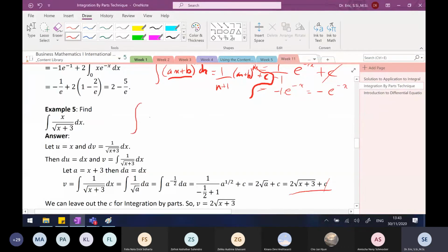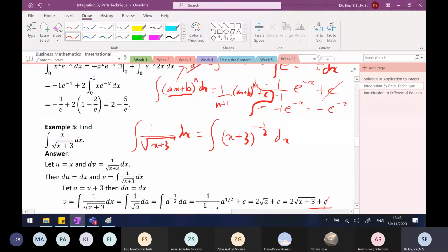You have the integral of 1 over the square root of x plus 3 dx, and this is the integral of (x plus 3) to the power of minus a half dx. This is just the integral of (ax plus b) to the power of n, and I can substitute this formula.